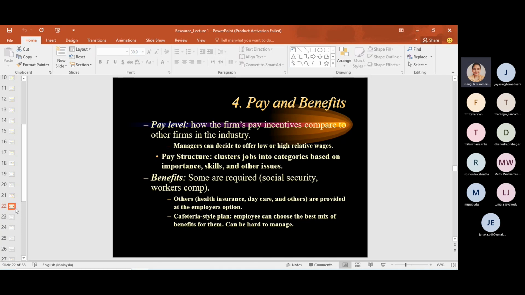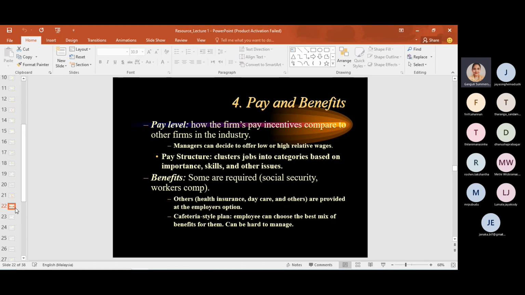So every employee can choose the benefits that they prefer. From the organization's side, this can be hard to manage because everyone's choices are going to be different, right? I choose something, the other person chooses something, and the next person chooses something completely different.